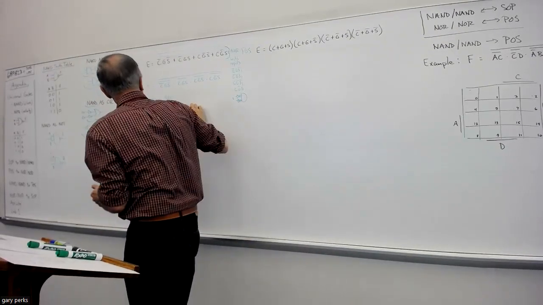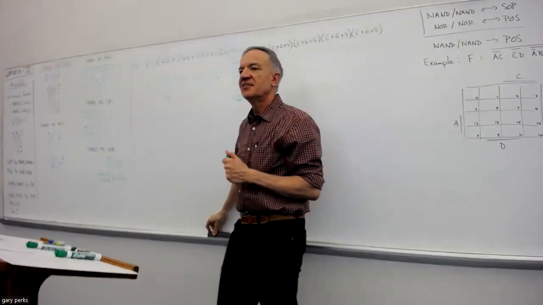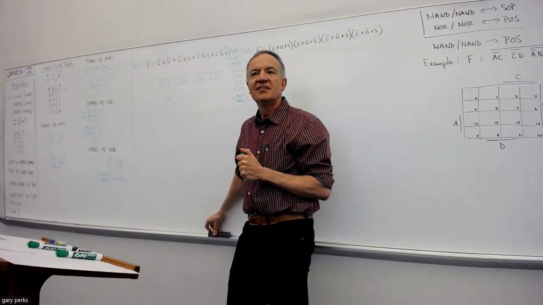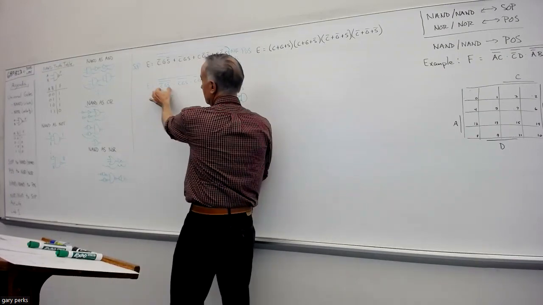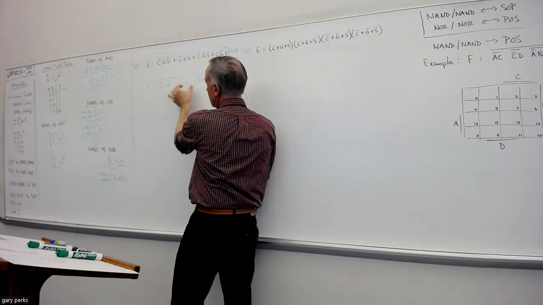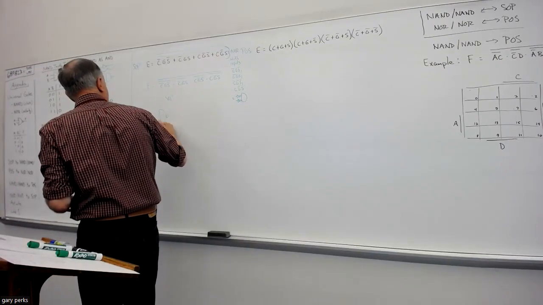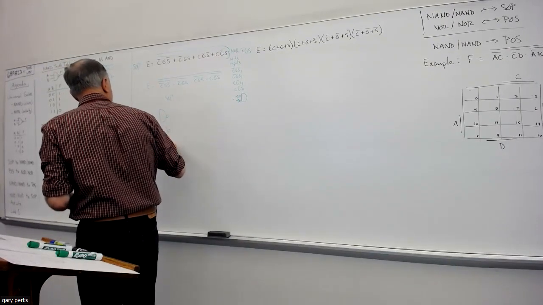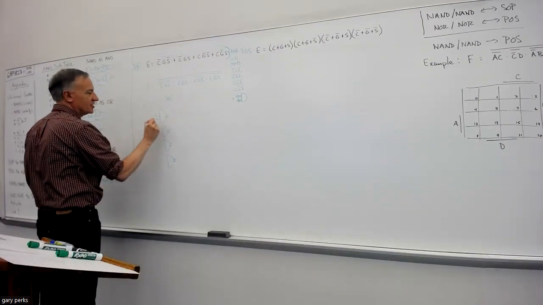All right, well, for a NAND NAND, what do you think that logic circuit looks like? It's all NAND gates, right? Because as we said earlier, these terms are NANDs, right? So each term is going to be a NAND. Right, you're going to have three inputs.